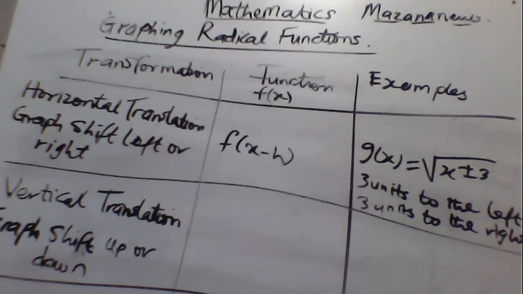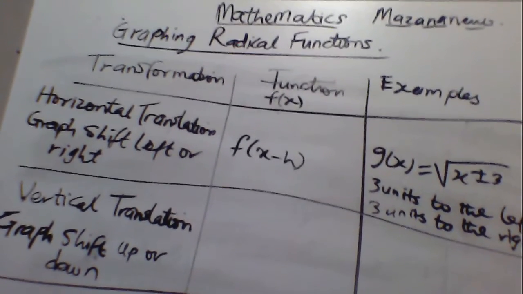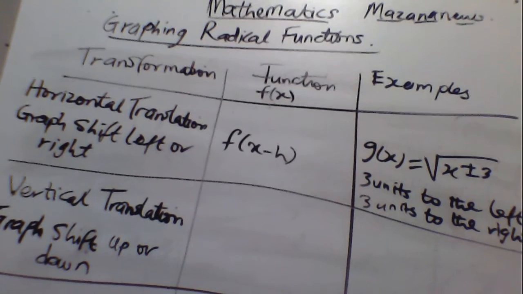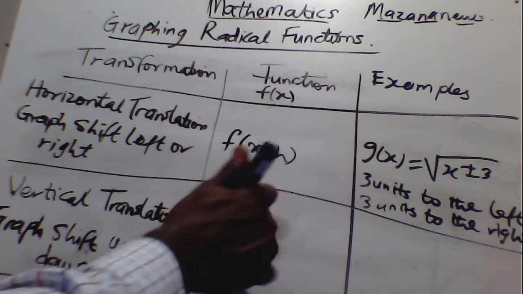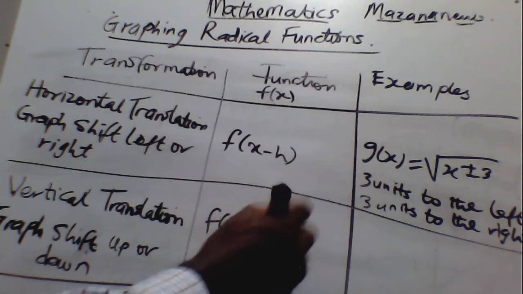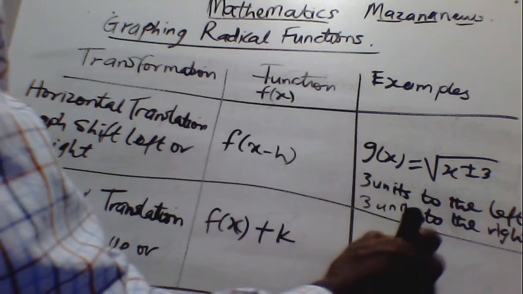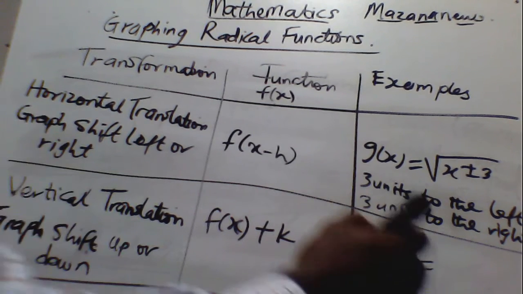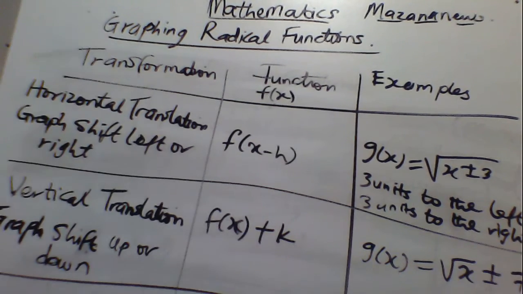You have seen it, graph shifts up or down. The open function is f of x plus k. So g of x is equal to the square root of x plus or minus 7. This is how the vertical translation looks like.